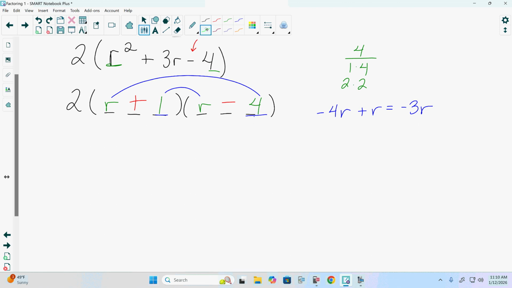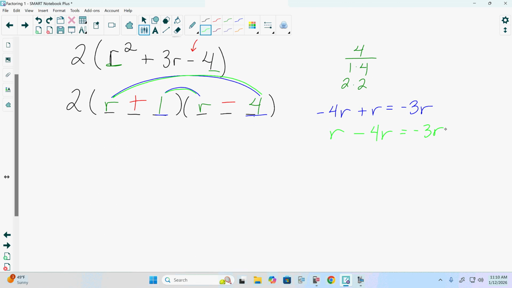So I always start with the outer 2, r times negative 4. Because we're going to take it in the middle, 1 times r, and combine those. Because that's really all we're doing, combining those like terms. So really, it could have been r minus 4r. 1 minus 4r is still negative 3r. The order of that really doesn't make a difference. But I would just make sure our signs do hold true.